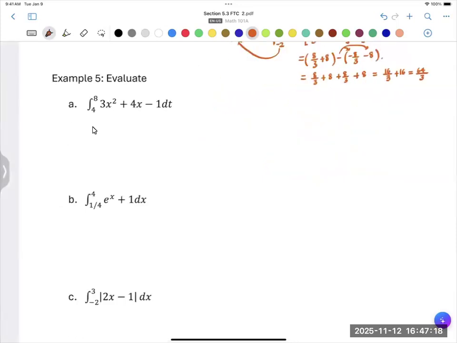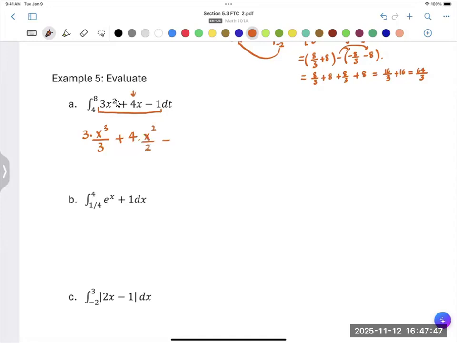Okay, and then let's try another one. So I have an integral from 4 to 8, and we want to evaluate this integral. First, we're going to find the antiderivative of this. So the antiderivative: 3 is a coefficient, so it stays the same. x to the power 2, the power will increase by 1, so x cubed over 3. Plus 4 is a coefficient, stays the same, so x to the power 2 over 2.